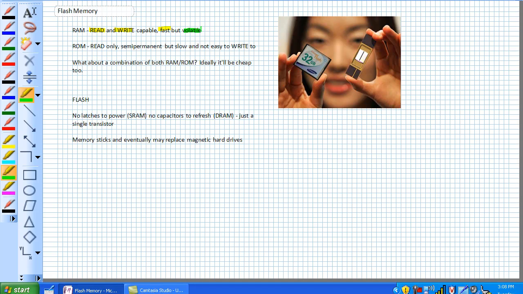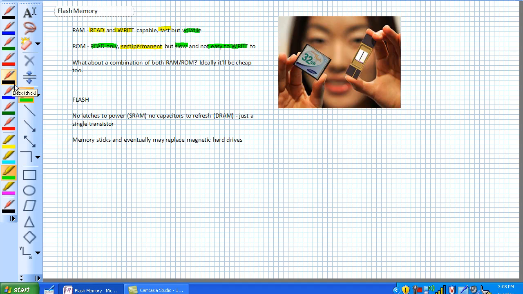Basically, it requires power at all times. A read-only memory is semi-permanent in nature. It's not volatile, but the disadvantage is it's read-only, it's slow, and not necessarily easy to write to.